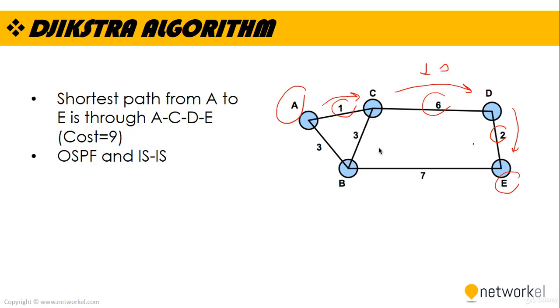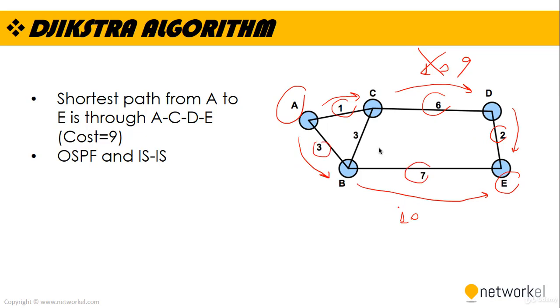Okay, we can also go from the path A to B and B to E as well. Oh, I'm sorry, this is actually not 10, this is 9. 1 plus 6 plus 2 is 9, and if we were to use this path, our cost is totally 10.